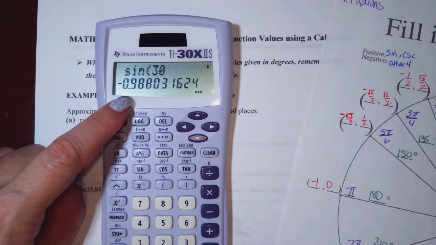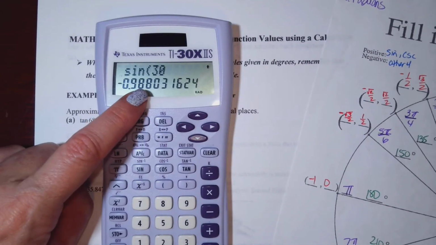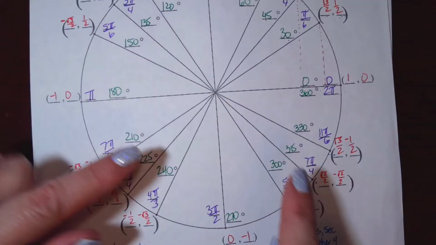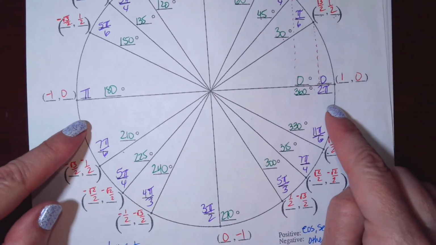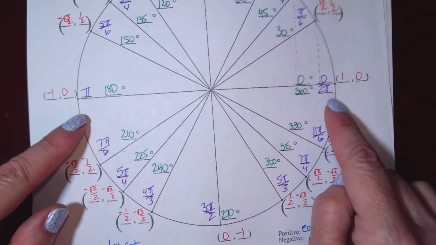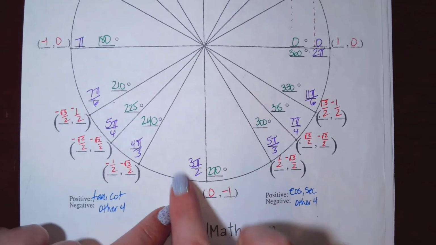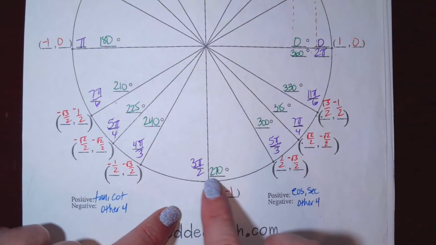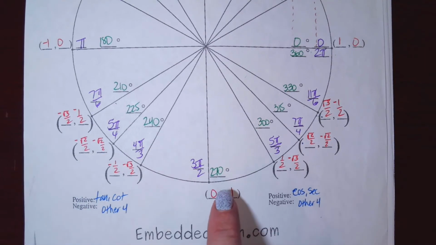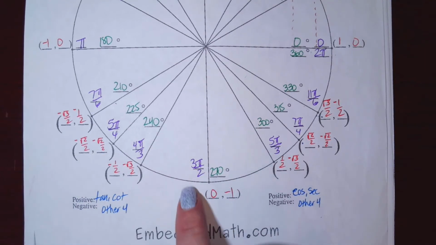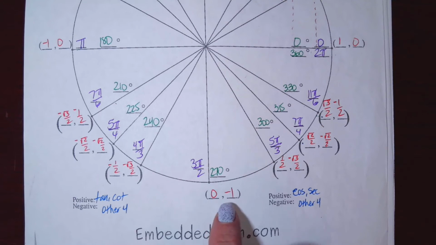And it's a negative 0.988, so it's going to be almost a -1. So 30 radians is going to fall right down here, somewhere close to 270 degrees, somewhere close to 3 pi halves, because it's almost a -1.